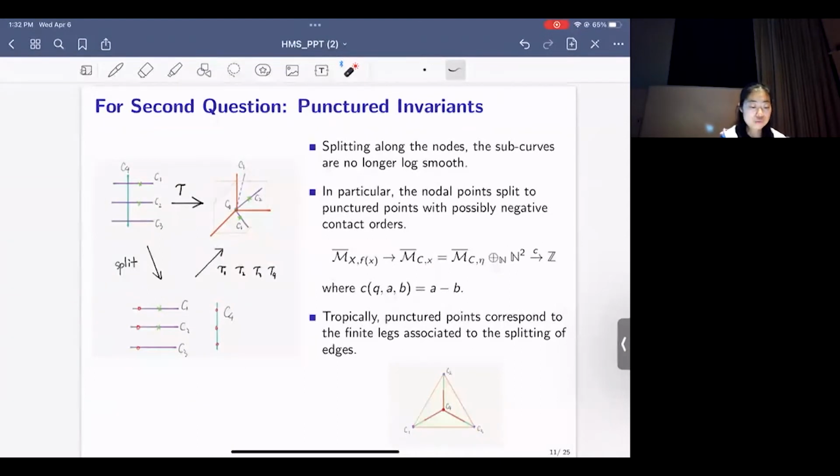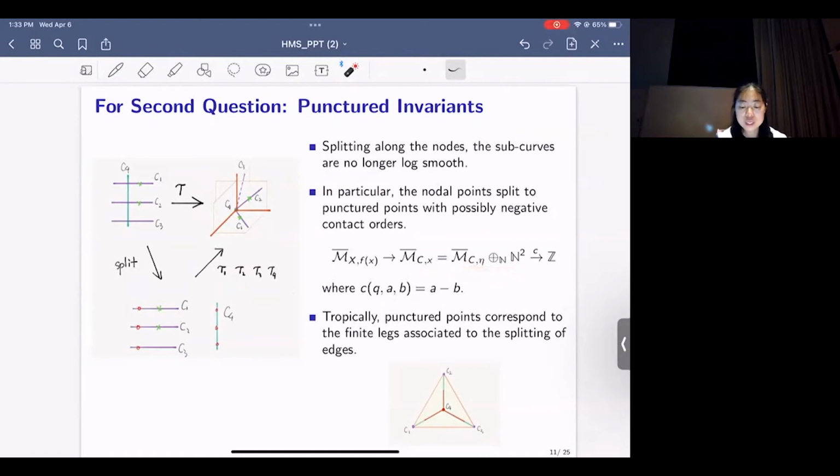So we start with a splitting action on the curve, and the problem that occurs is that when we split along the nodes, the subcurves are no longer log smooth. If we look at the log structure on the nodal points, it has the form of this pushout.